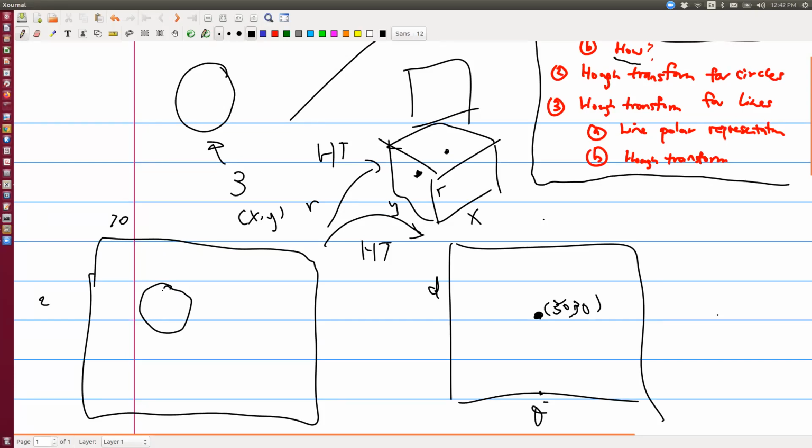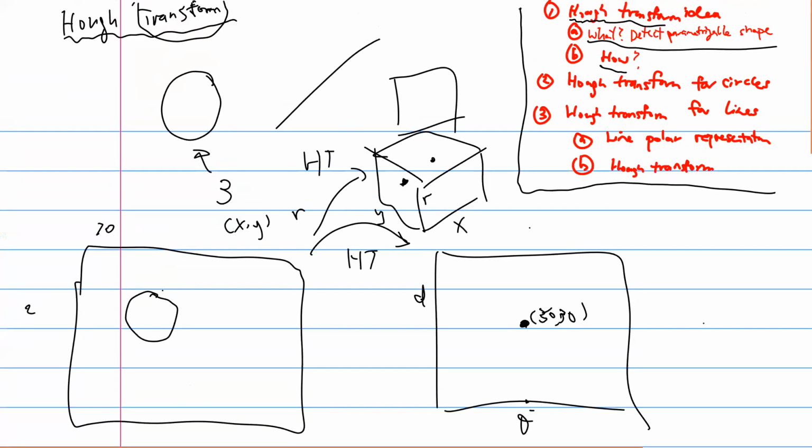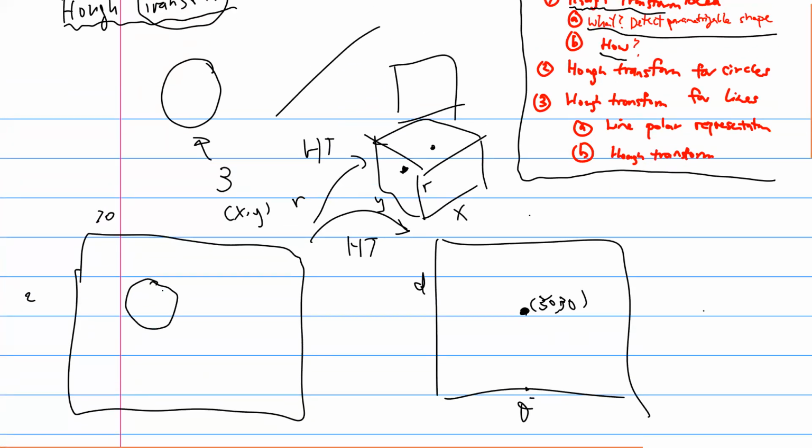The main idea of the Hough transform is just a simple majority voting.